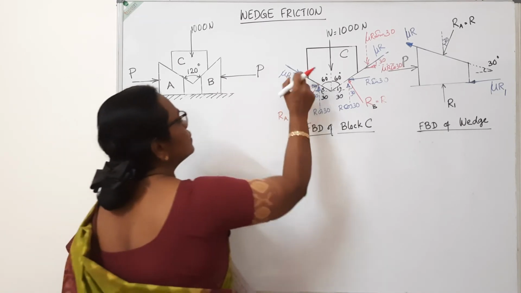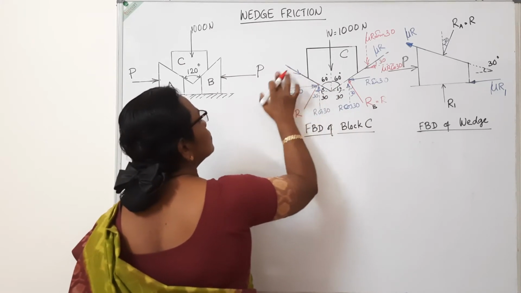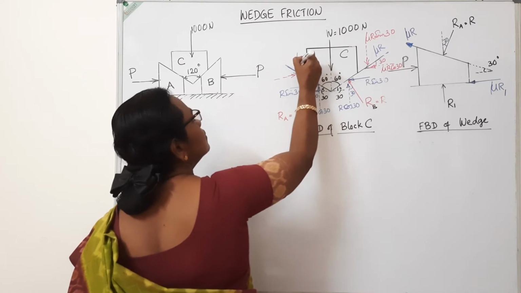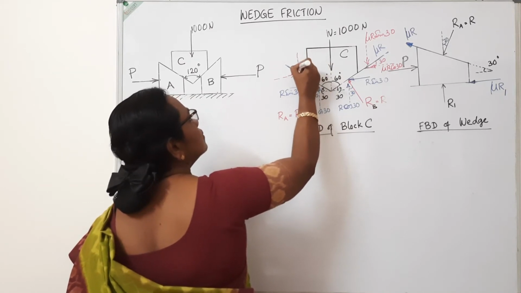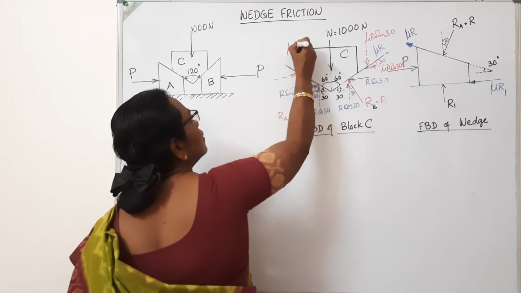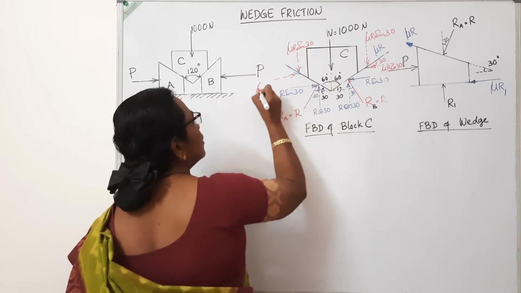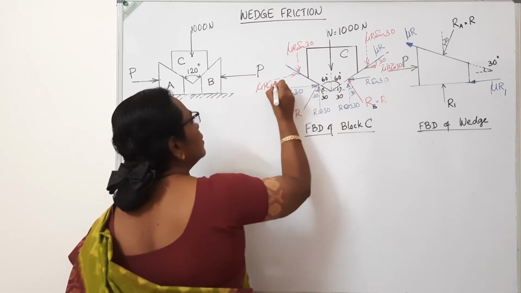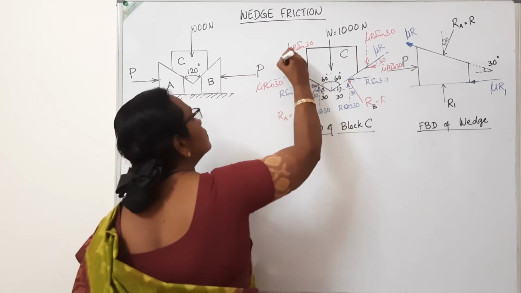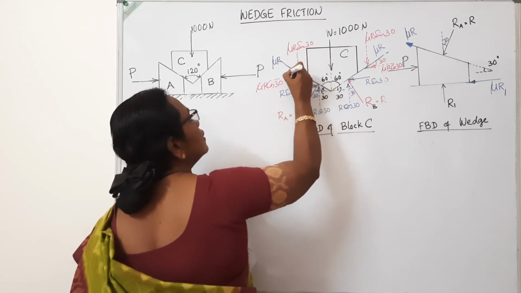Similarly here, this frictional force, this plane is also inclined at 30 degrees with the horizontal. So this is the horizontal component and this is the vertical component. This is mu R sin 30 and this horizontal component is mu R cos 30. This force is mu R, this inclined force, and this inclination is 30.